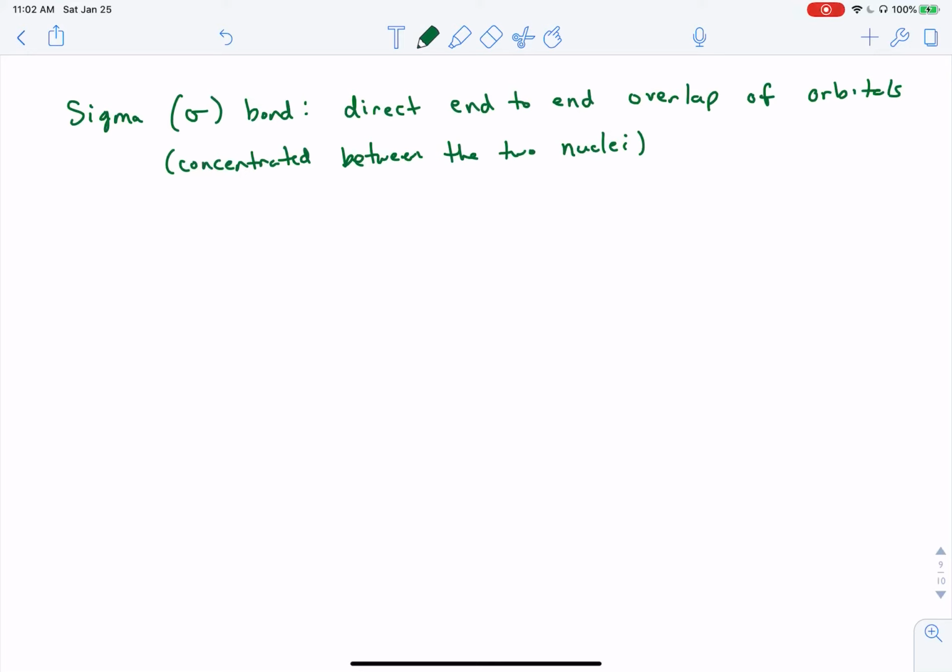So this is the most direct way a bond can occur, the shortest distance between the two nuclei, right in between them. Okay. So that's a sigma bond.